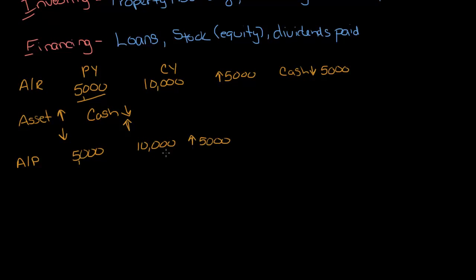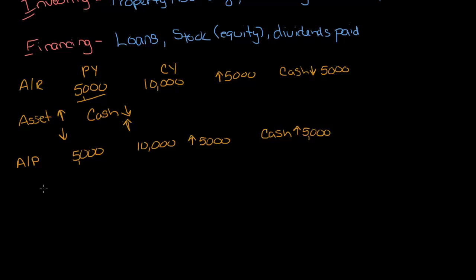Okay, so what happened here? If my balance goes up in accounts payable, it means I used other people's money to pay my bills. Now I wrote those bills off on my income statement. So I have expenses on my income statement that I have not paid for yet. So what does that do? That actually benefits my cash balance. My cash balance is actually $5,000 higher than we think it would be.